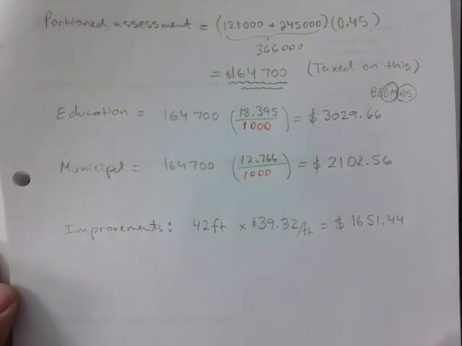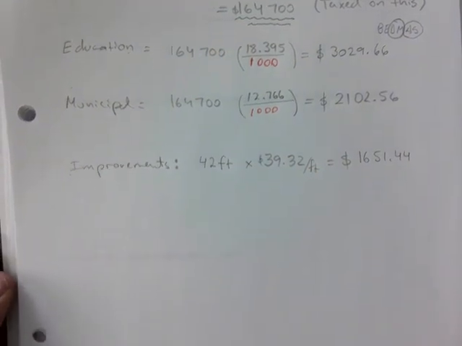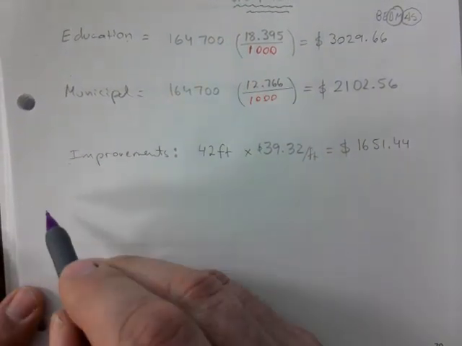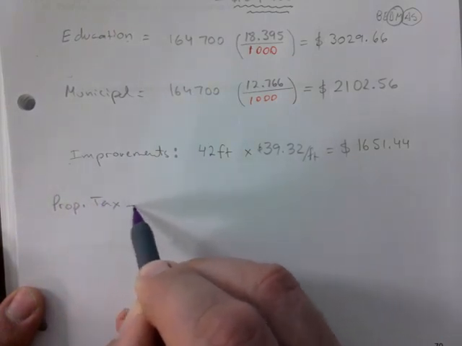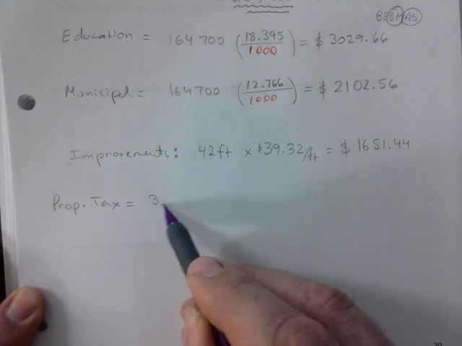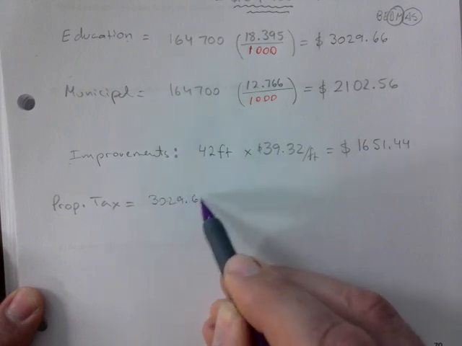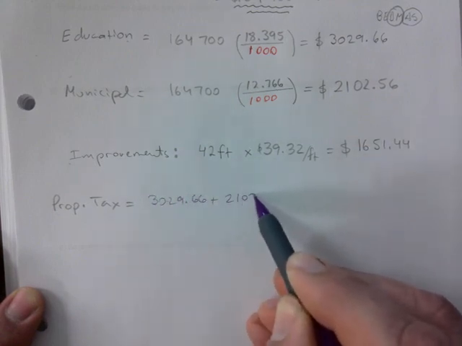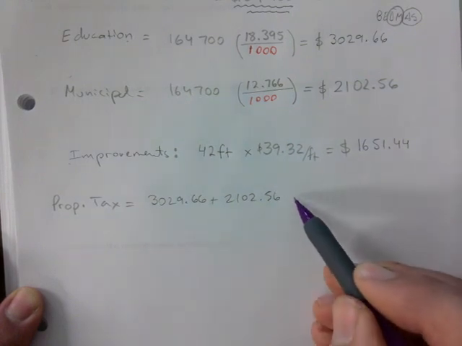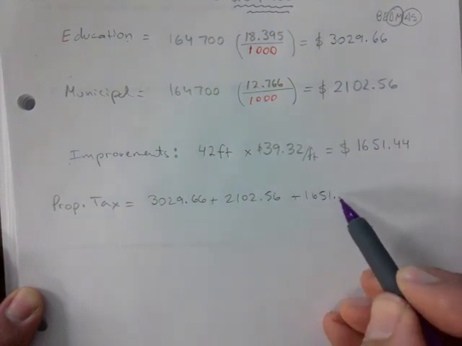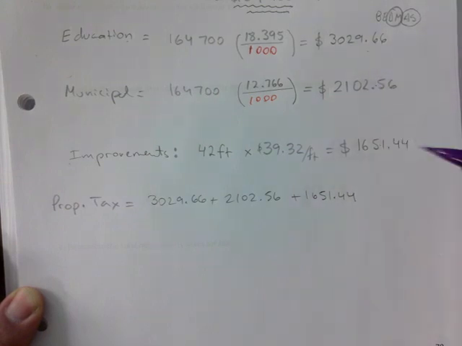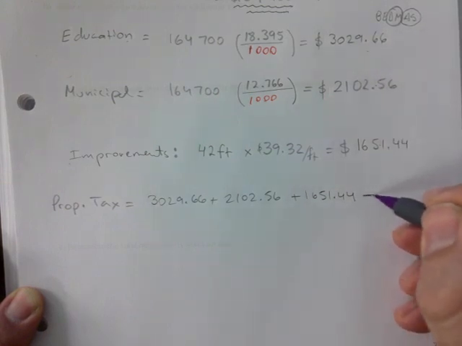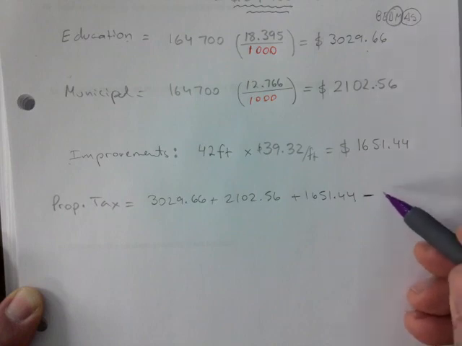Now we're ready to figure out our net property taxes. Okay, so property taxes, we're going to go 3029.66 plus 2102.56 plus 1651.44. Right, so I added up all these three and then minus the credit.